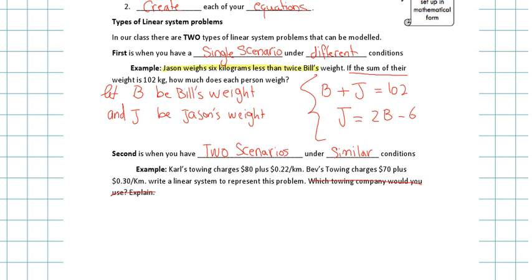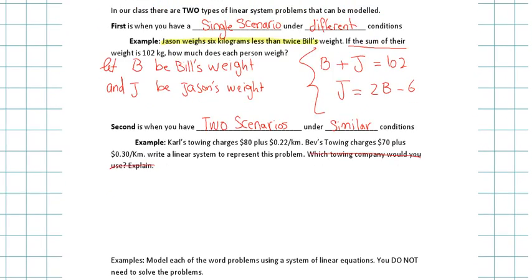Now, what am I looking at here? Which company is cheaper? So I'm looking at the cost, correct? How much is it going to cost me if I drive so many kilometers for each towing company? So my first variable is going to be the cost.